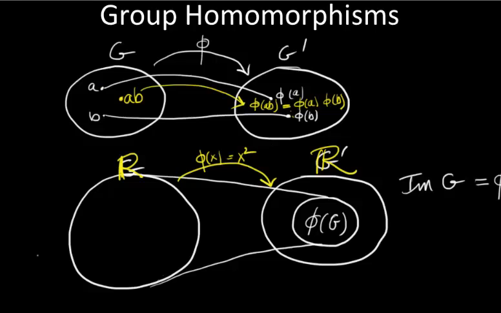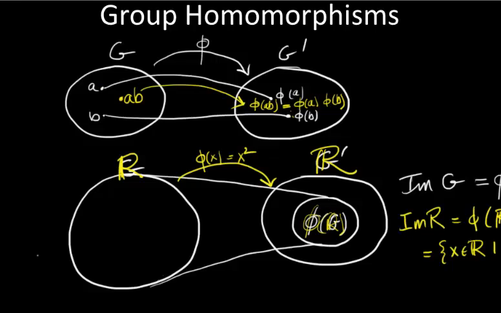So this is just one example. We're taking all of the real numbers and squaring them. When we square them, we get positive numbers. So in this case, the image of R under the mapping phi, or phi of R, is equal to the set of all x in R such that x is greater than or equal to 0.